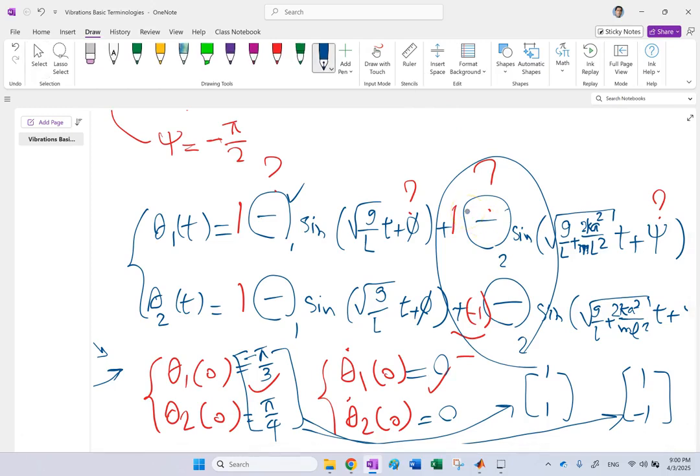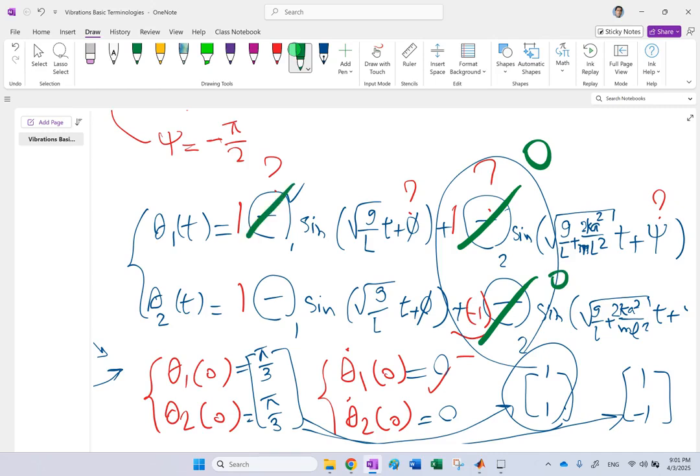If I exactly start my initial condition like one of the mode shapes, what does that mean? It means if I exactly start at pi over 3 and pi over 3, so ratio 1 to 1, I exactly start at this mode shape with the same weight, the same ratio. Guess how much theta 2 is going to be? You are right. Brilliant. This is going to be 0. And these guys are going to be 1.